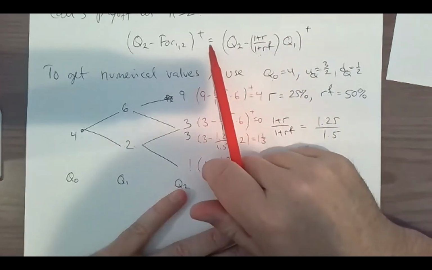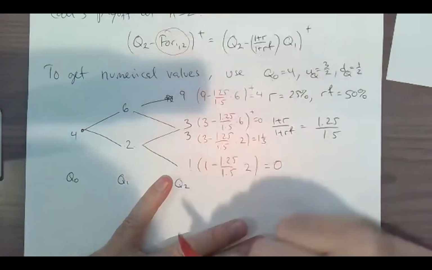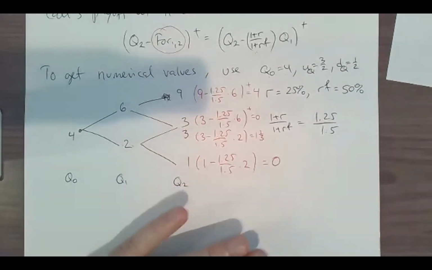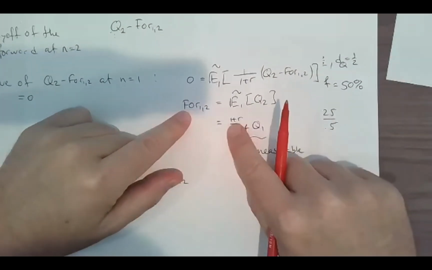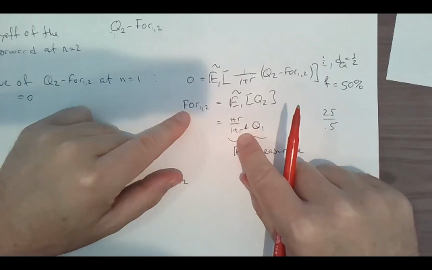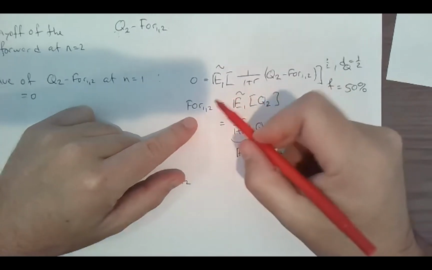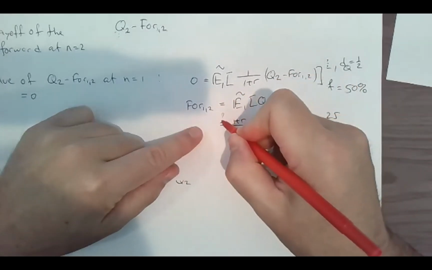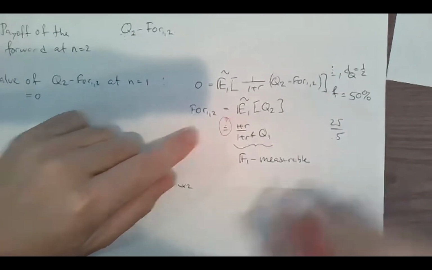You're talking about this formula here? Yes. Well, so what is this? Forward 1, 2. So if you go on the previous slide, we worked it out to be 1 plus R divided by 1 plus RF. Well, I know 1 plus R, but I don't know 1 plus RF. So your question is, why is this one here true? Is that correct? Yes. Okay.